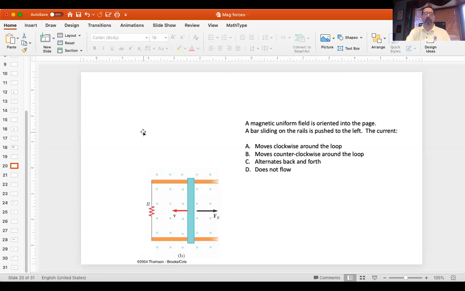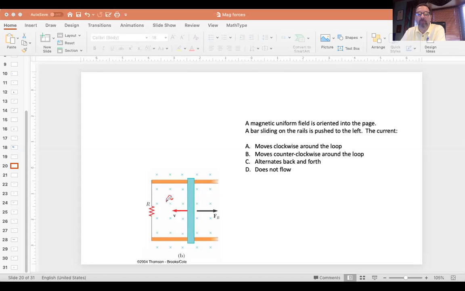All right, this is similar to one we did. I just changed the direction of the way the bar is moving. Now the bar is moving to the left. Magnetic field is into the page. Flux is getting smaller because the area is getting smaller.